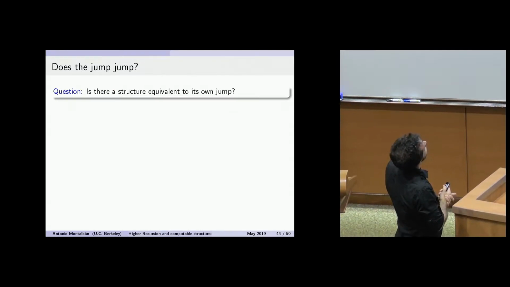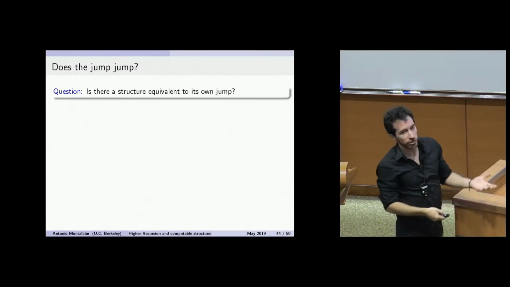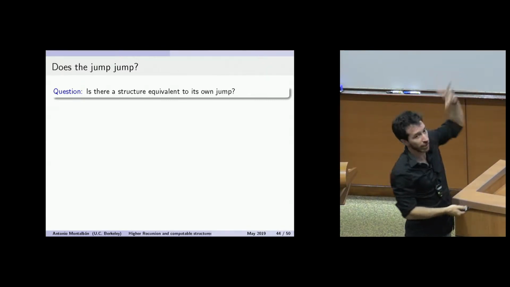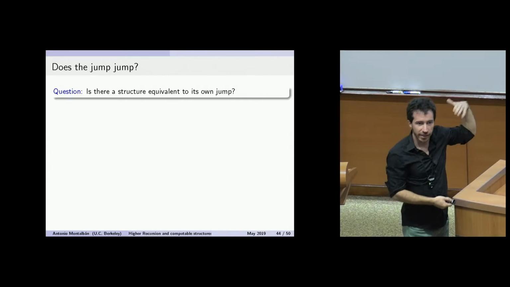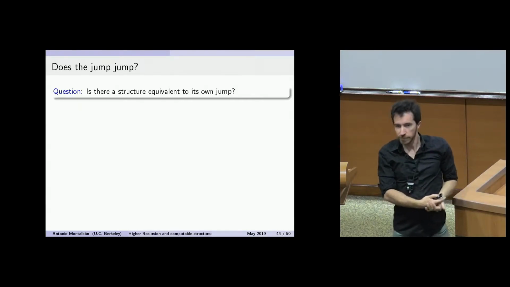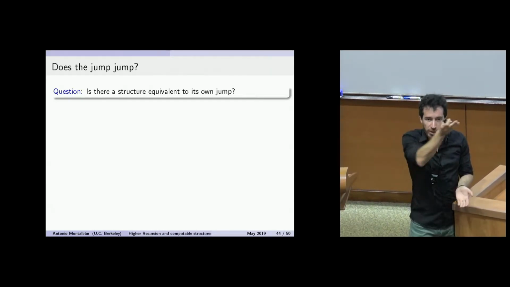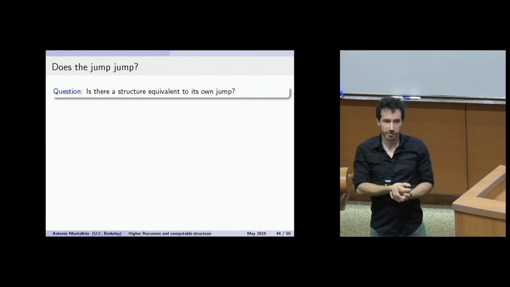Is there a structure that is equivalent to its own jump? If it jumps, there shouldn't be. The jump should always be higher up.